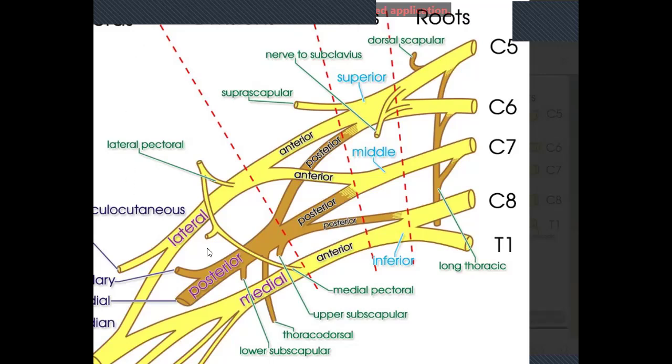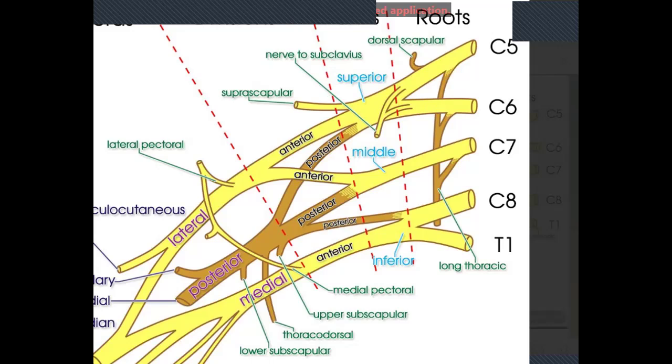The cords give the 5 branches that we see in our upper limb. If you discuss the roots, the roots are present here, and the divisions, this area here, are located in the axilla.